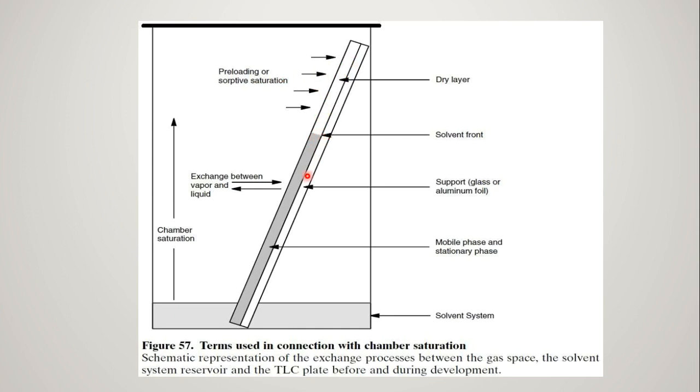Suppose the experiment has just completed, then we will see this type of condition, where we can see equilibrium here, and here the solvent vapors are being adsorbed on this stationary phase. So see, this is the schematic representation of the exchange process between the gas space, the solvent, and the system reservoir. This is the system reservoir and the TLC plate before and during development.